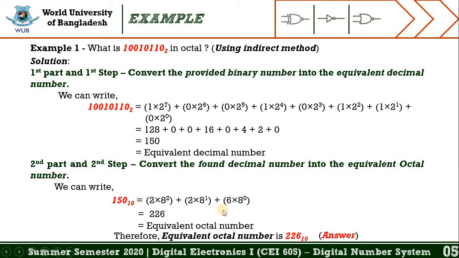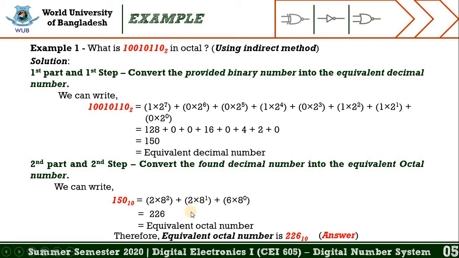Sorry, I again repeat, 8 to the power 0, 8 to the power 1 and 8 to the power 2 are the positional notation representation. Since this is the octal number, we use base 8. And 2, 2 and 6 are arbitrary numbers chosen to get the decimal number 150.